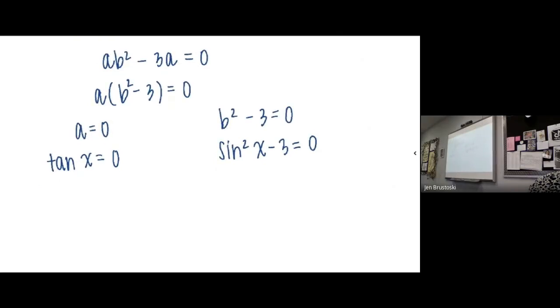With me so far? Any questions up to this point? Okay. So when is tangent of x equal to 0? That would be when x equals 0 and y equals 1, or negative 1. Hannah? Yep, pi over 2 and pi.